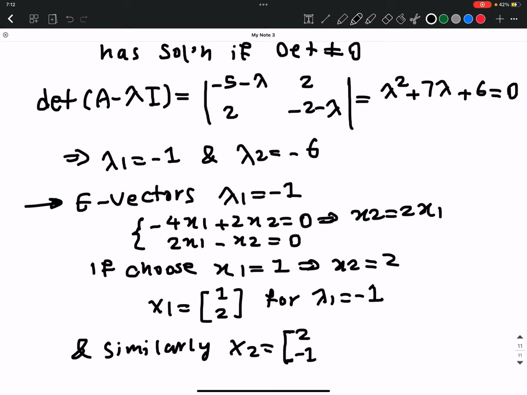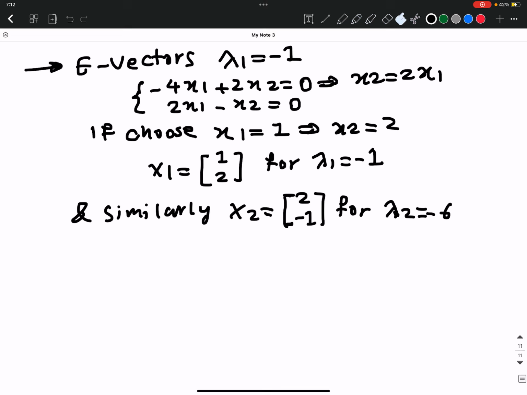So one eigenvector that satisfies the second eigenvalue, minus 6, is (2, -1). Okay, so this is how we typically find eigenvalues and eigenvectors in our problems.